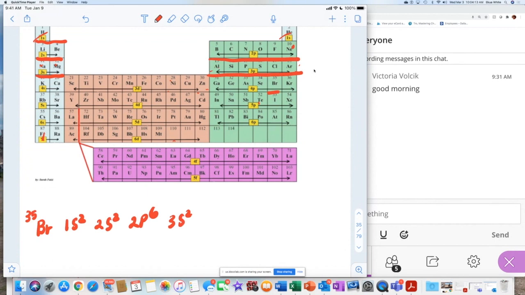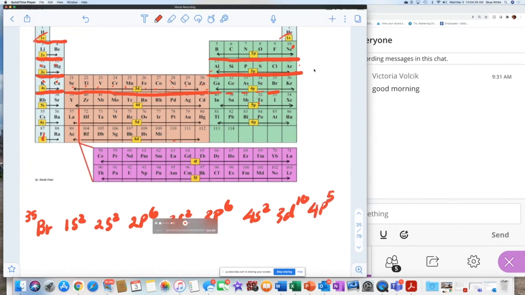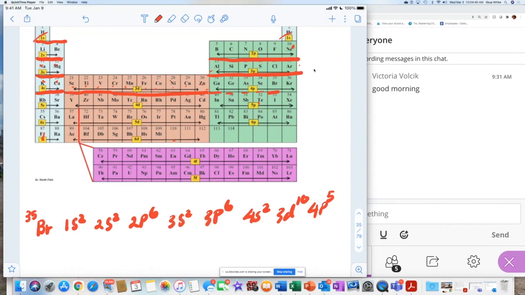This is where we stop, right? 3p6, 4s2. Then we go to the right. 3d: 1, 2, 3, 4, 5, 6, 7, 8, 9, 10. 3d10. And then 4p: 1, 2, 3, 4, 5. 4p5. Woo! That was quite a journey, right? But we made it. We made it.